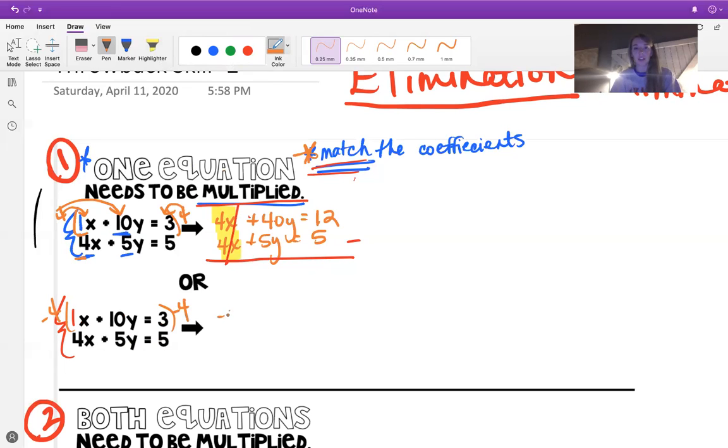So then I would get negative 4x plus, see, I made a mistake a lot of people will make because I forgot to distribute it all the way through to everything. So then I get negative 40y equals negative 12. All right, and then I didn't do anything to my second equation.